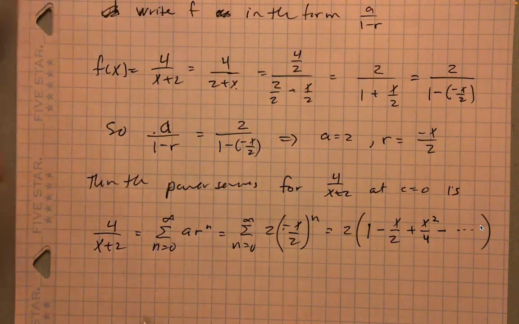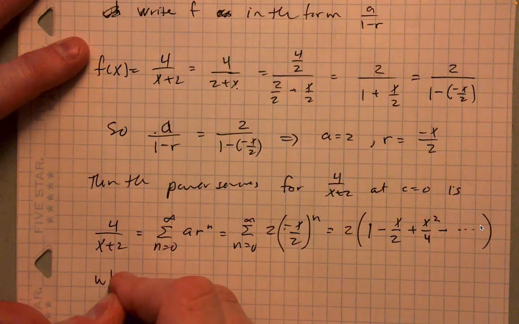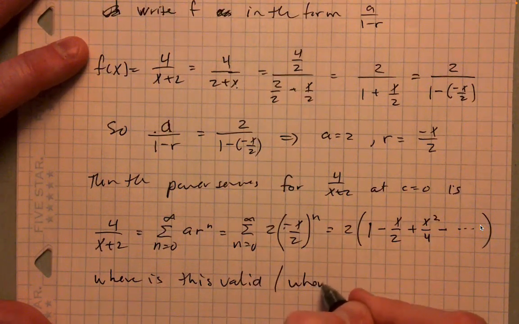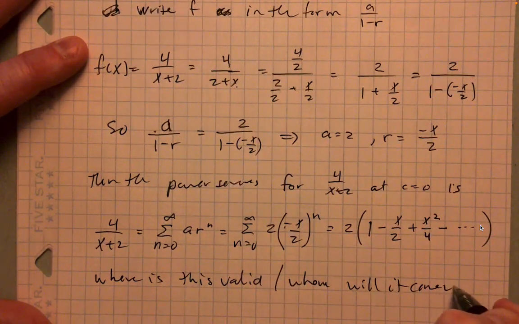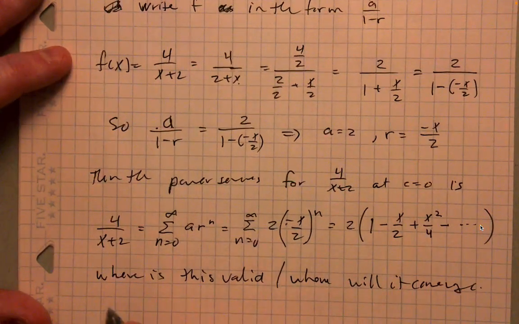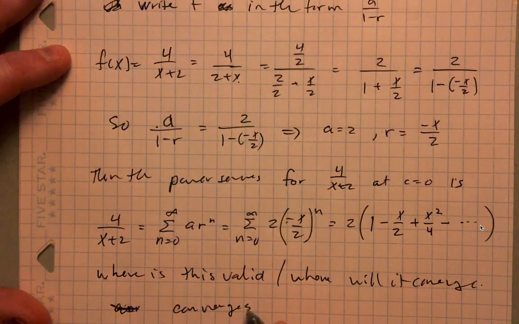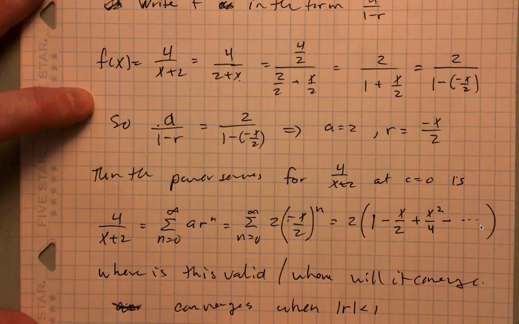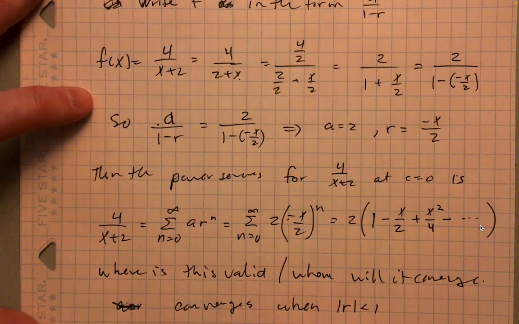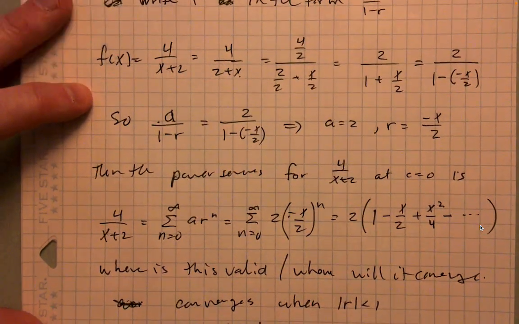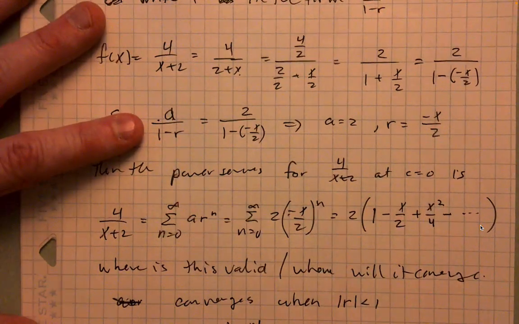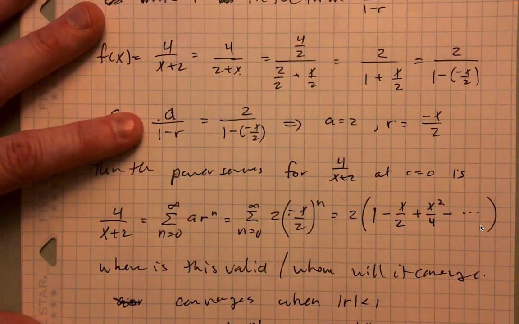And so then this series, when will this converge? So where is this valid? Well, it's based on a geometric series, right? And so it converges when the absolute value of r is less than 1, i.e. when the absolute value of negative x over 2 is less than 1. Okay, and so that means it's centered at 0 and its radius will be 2.